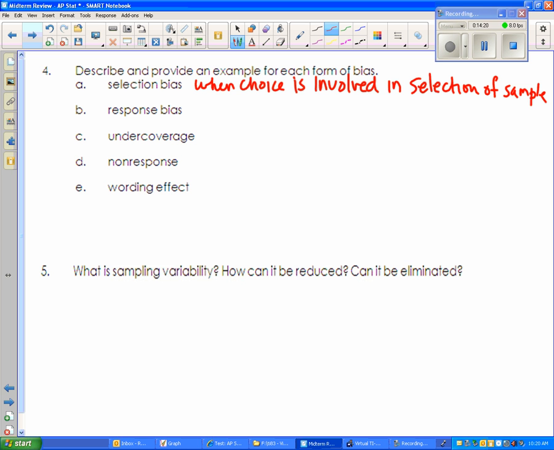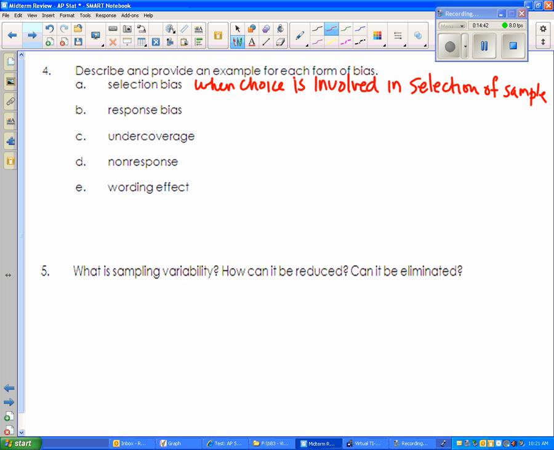And that means that whether it's the subjects who choose to be part of the sample, and that would be like a voluntary response sample, or whether it's the researcher that chooses the subjects or chooses the people they're going to interview, and that would be more like a convenience sample. Both of those sampling designs involve selection bias when there is choice involved in the selection of the sample.